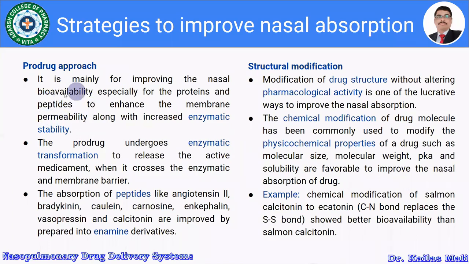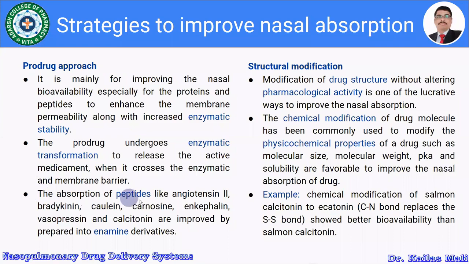In order to improve the enzymatic stability, the prodrug undergoes enzymatic transformation to release the active medicament when it crosses the enzymatic and membrane barrier. So in the nasal cavity, the prodrug is transformed and converted into the active medicament.